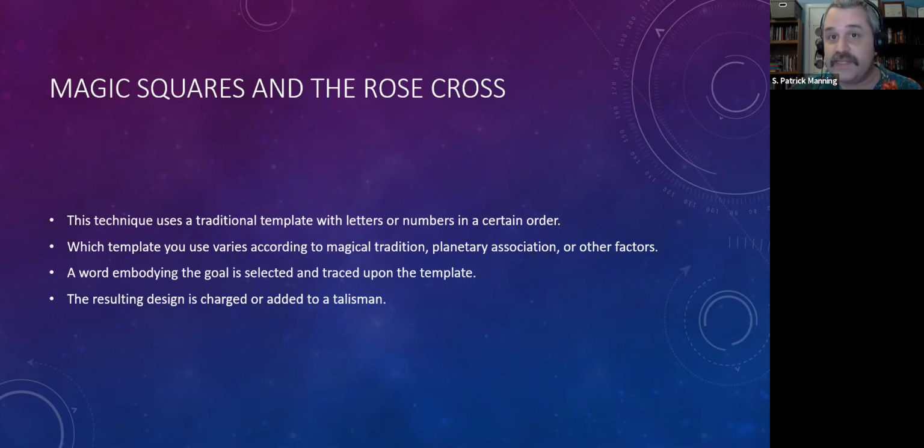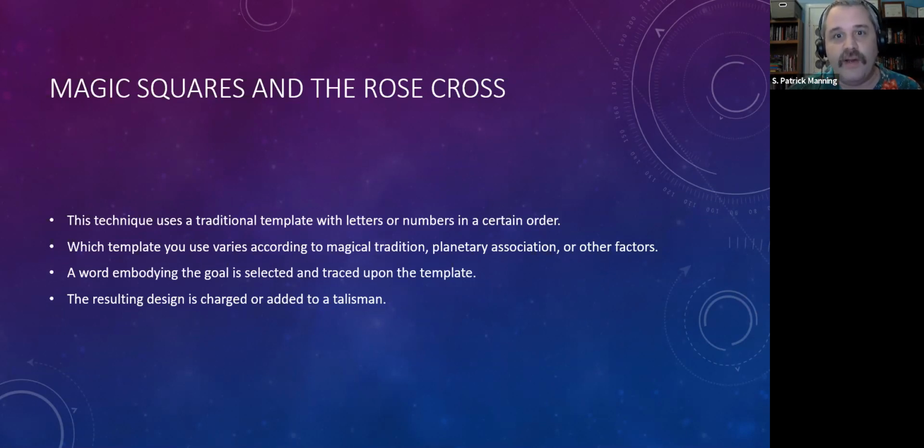What you do is take your image or your goal, and then you transpose it somehow on that template and get an image out of it. Which one you use depends on what you're doing or what system you're in.